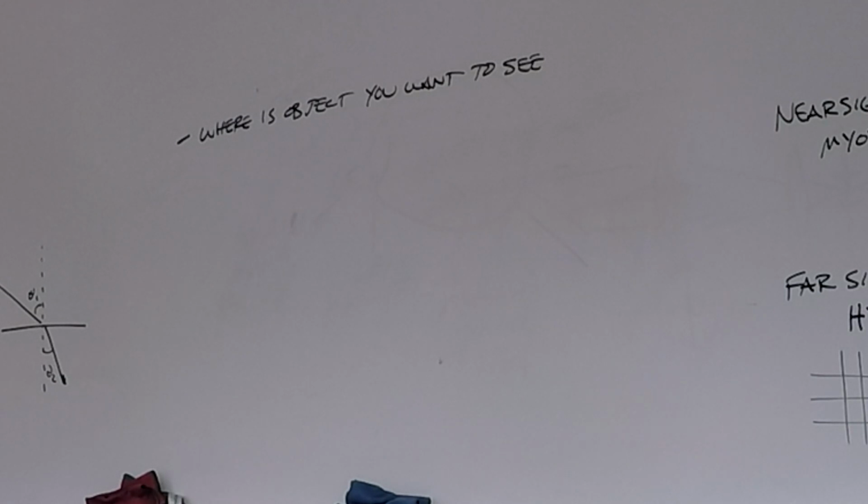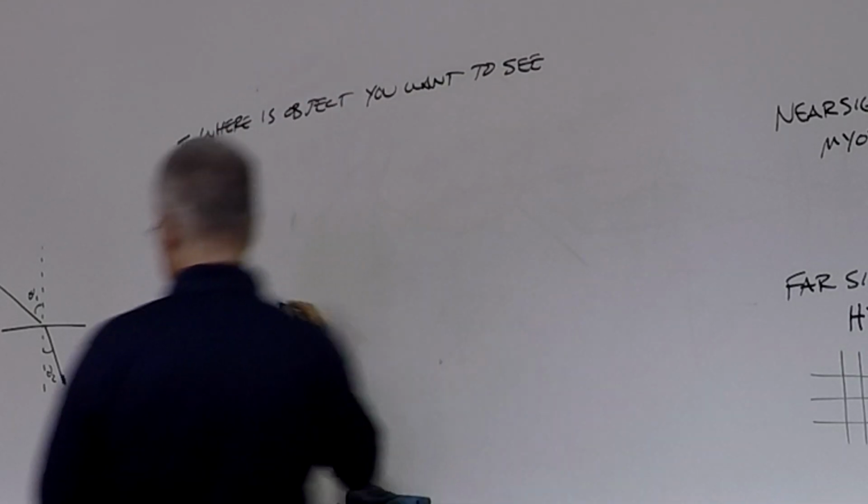So you've got some object sitting somewhere, you can't see it without your lenses, but I need to know where is that object that I want to see. And here are the conventions we're going to use.